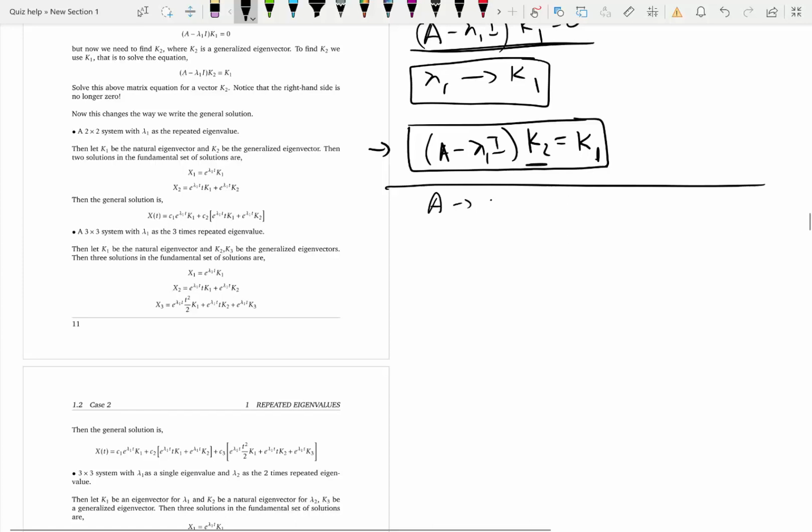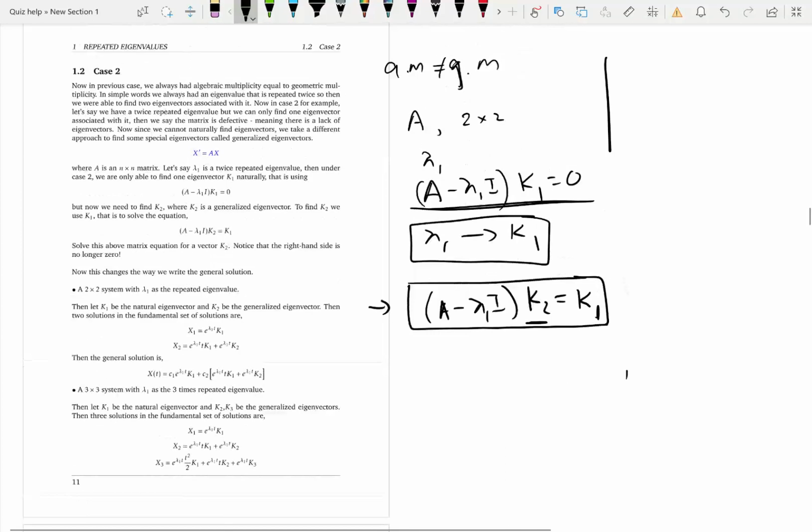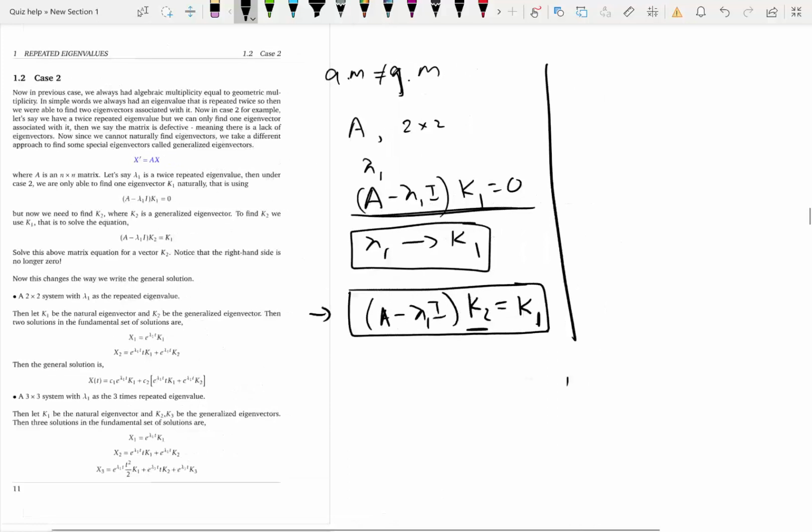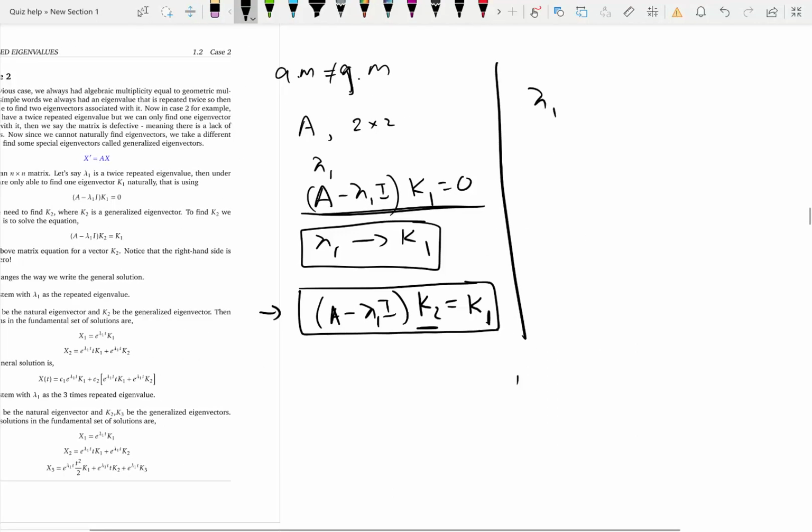Let's say you have a 2 by 2 matrix and we have a repeated eigenvalue lambda 1. So we have a 2 by 2 matrix and lambda 1 is the repeated eigenvalue, repeated twice. K1 is the original eigenvector. Let me call it the natural eigenvector, okay? Because we use the most natural way. And K2 is the generalized eigenvector.